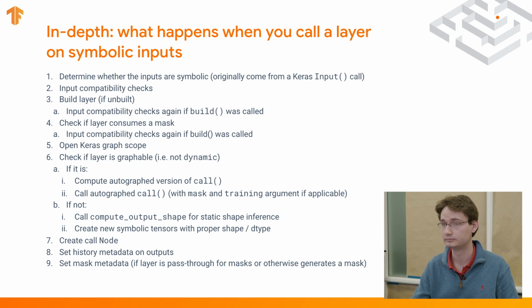Slight correction. It will enter that graph unless a different one has been specified. Yes, which is only valid in V1. In V2, typically the only graph you're going to be manipulating is the Keras graph. Everything else is going to be either eager or a tf.function.